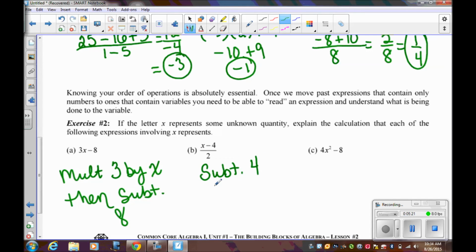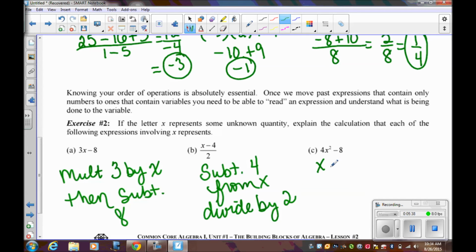Okay. Part B, we would subtract 4 from X, okay, and then we would divide by 2. What would we do in C?